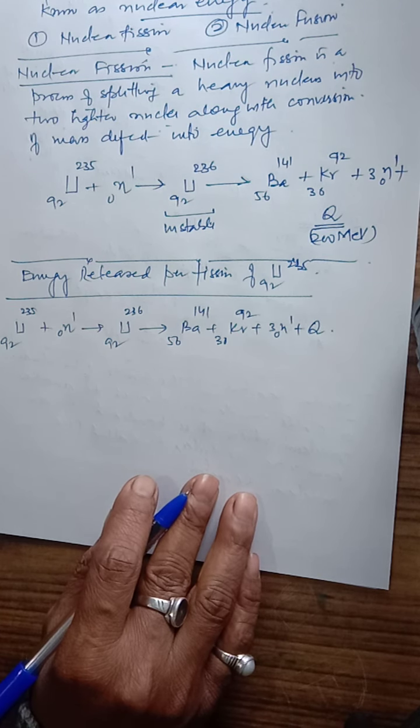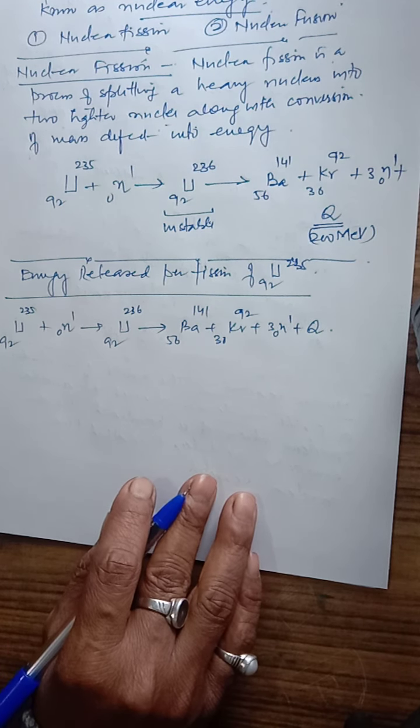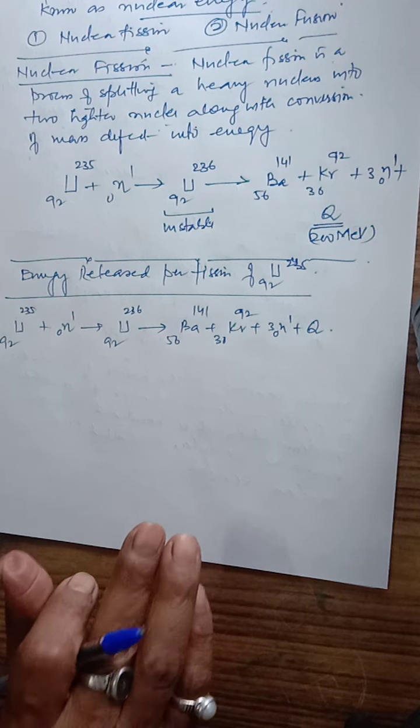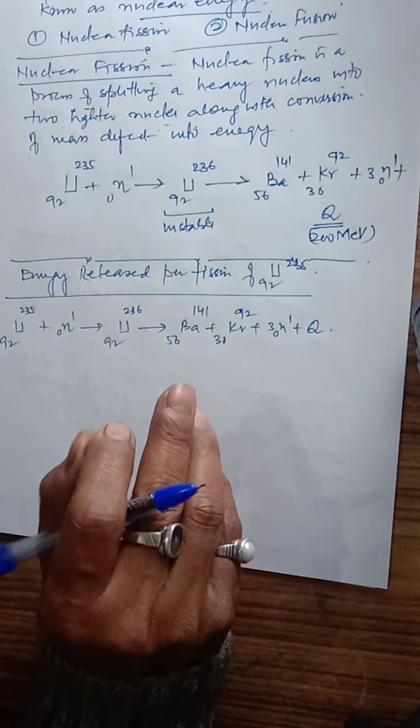For that we are going to find out the mass defect, and when we get the mass defect, we can easily find out the energy released per fission. So first of all we are going to find out the mass defect.